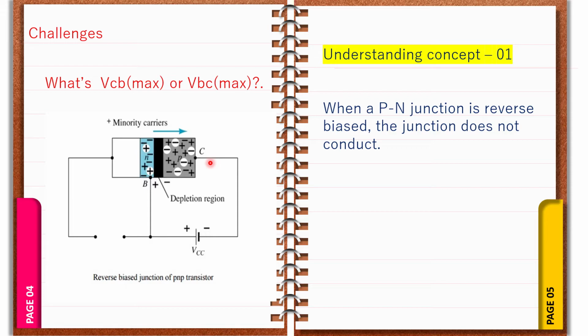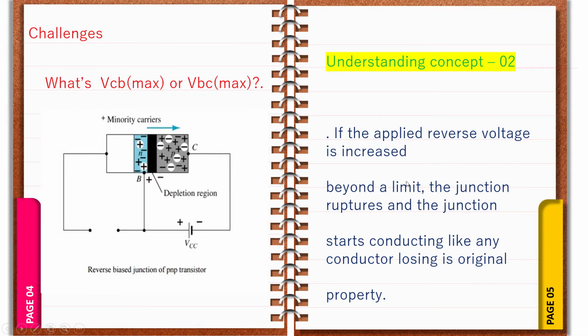When a PN junction is reverse biased, the junction does not conduct. This is very, very important. In reverse bias, it does not conduct. What will happen if I increase this VCC voltage, the collector supply voltage?